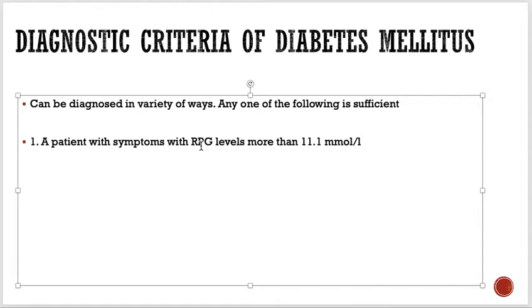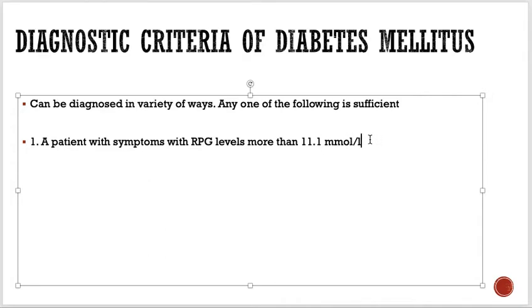Randomly you check someone's glucose level and it comes out more than 11.1 millimole per liter. So this is one of the diagnostic criteria. 11.1 millimole per liter is basically equal to 200 milligram per deciliter.